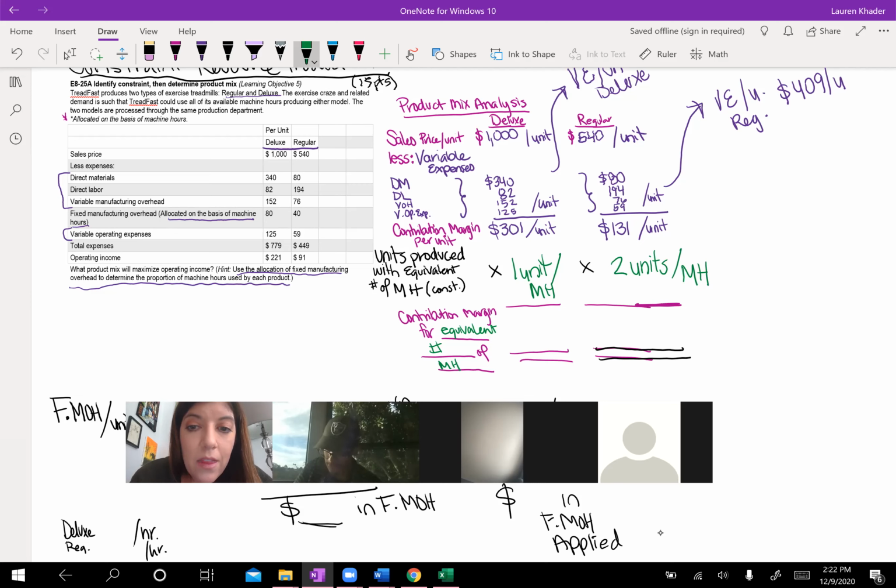We're going to eliminate the units and are left with 301 per machine hour that we're earning. And for regular, it's 2 units per machine hour. So 2 units times 131 is 262 per machine hour.